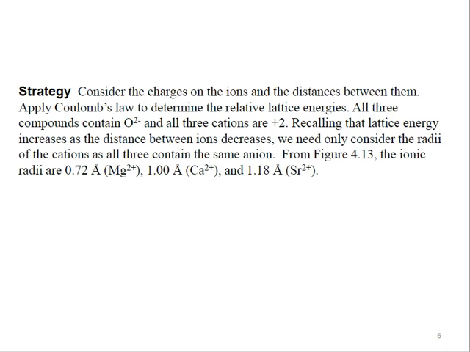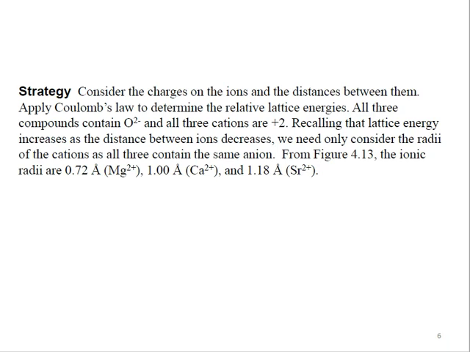Recalling that lattice energy will increase as the distance between ions decreases, we need only to look at the radii of our cations. The reason is that all three contain the same anion, the O2-, so we can examine the cationic radii and look at the relative sizes of those.